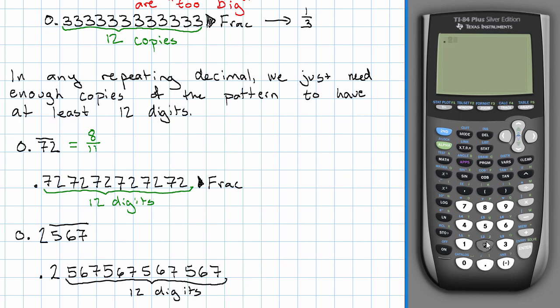So 0.2, 567, 567, 567, 567. And I get that that's equal to 19/74ths. When you enter a repeating decimal on the calculator, include enough copies of the pattern to get up to 12 digits.